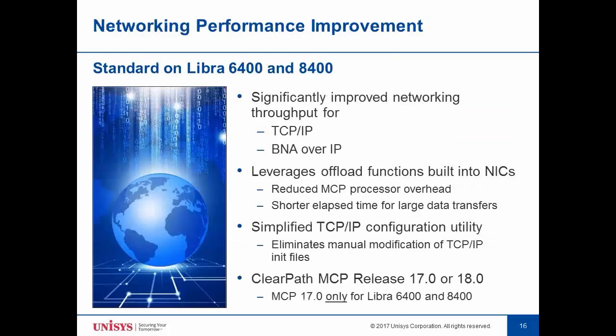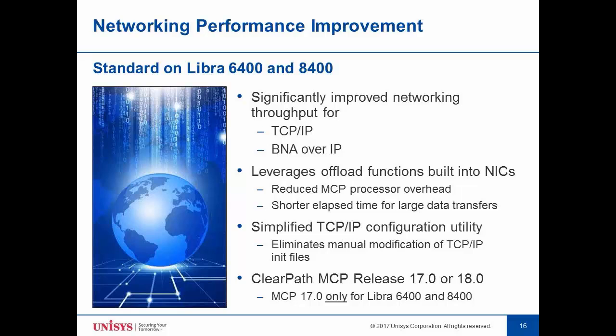Now, we borrowed a feature from the MCP 18.0 release and made it standard with the Libra 6400 and 8400. There's a newly designed networking stack that's part of the system. We're actually taking some of the functions that were run inside the MCP environment and are using the capabilities of the latest NIC cards in order to manage this new TCP/IP and BNA over IP capability.